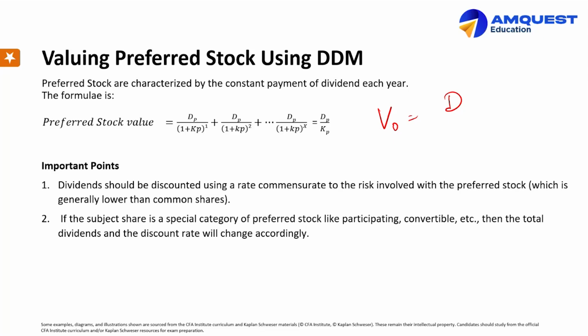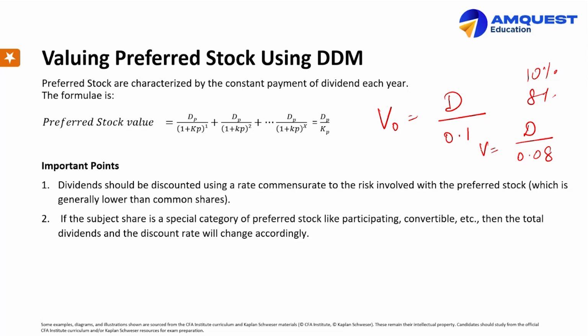Preference dividend can be paid in different types, but we are assuming that it's a normal preference share, so the dividend is going to be fixed. So it is the preference dividend that you're going to get divided by the cost of preference shares. If the cost of preference share is, let's say, 10%, your denominator is going to be 0.1. If it is 8%, it is going to be the preference dividend divided by 0.08.